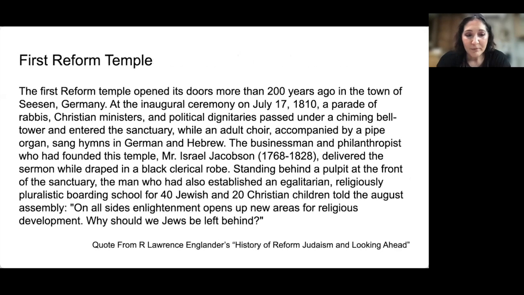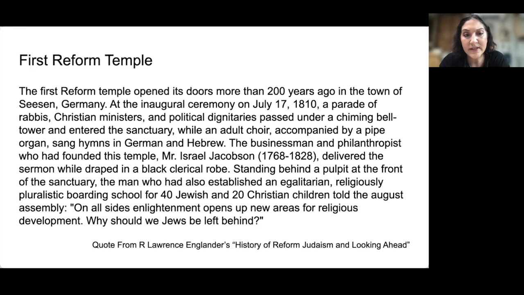So the first Reformed temple. Now this comes from an essay that Rabbi Lawrence Englander wrote that's on the Reformed Judaism website. The first Reformed temple opened its doors more than 200 years ago in the town of Seesen, Germany.